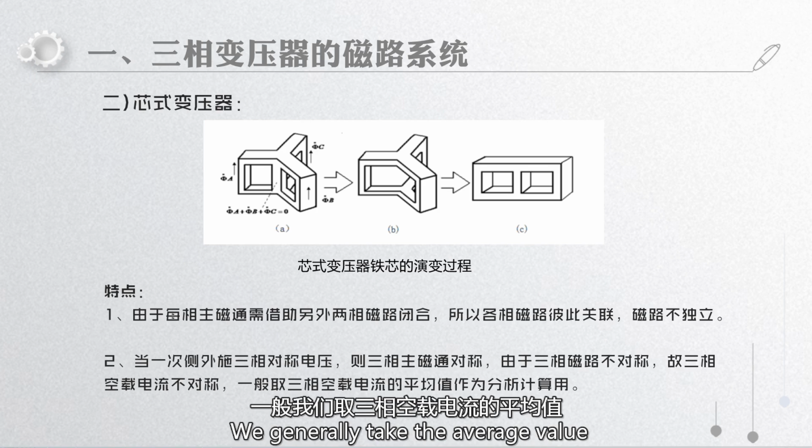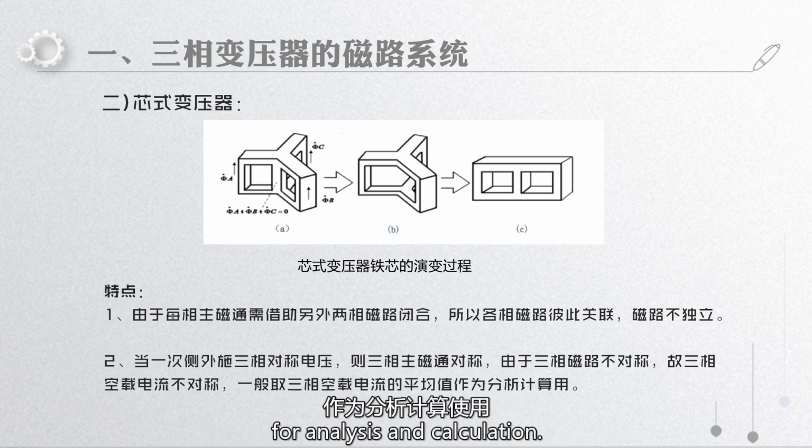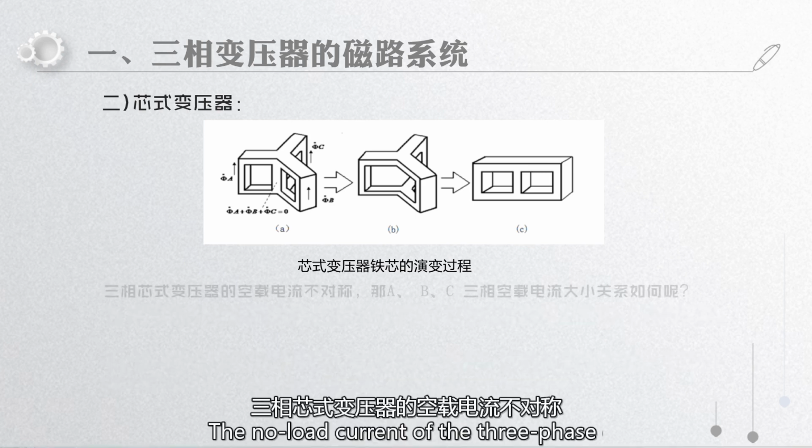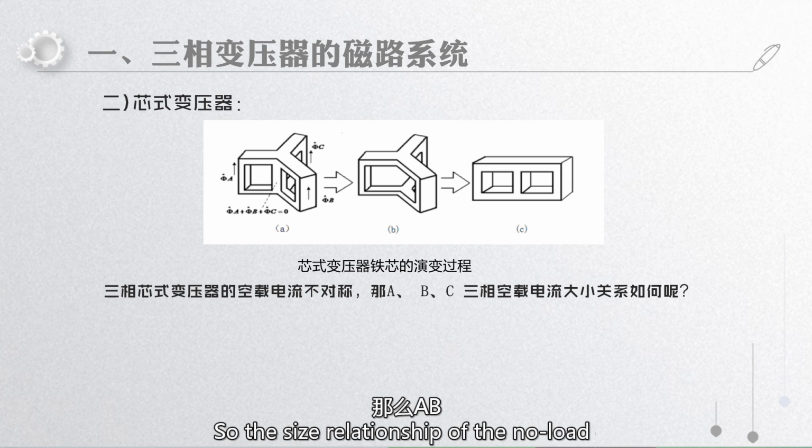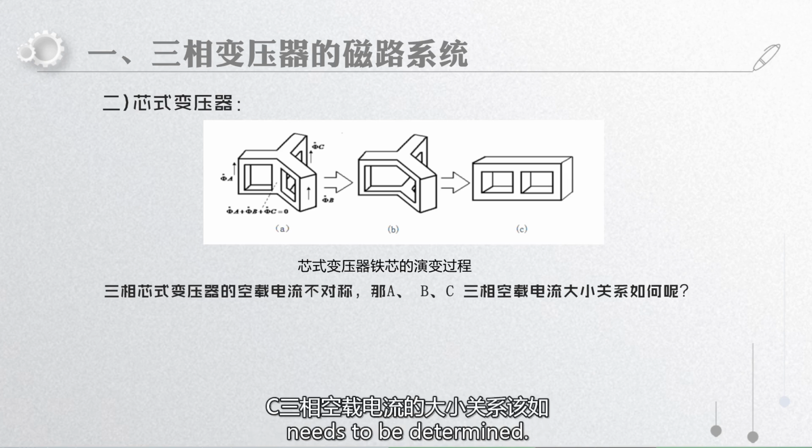We generally take the average value of the no-load currents of the three phases for analysis and calculation. The no-load current of the three-phase core transformer is asymmetrical. So, the size relationship of the no-load currents of phases A, B, and C needs to be determined.